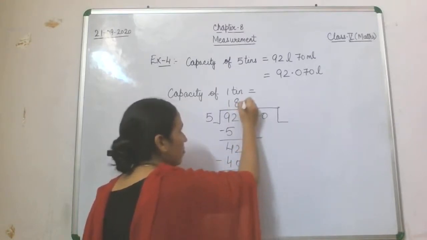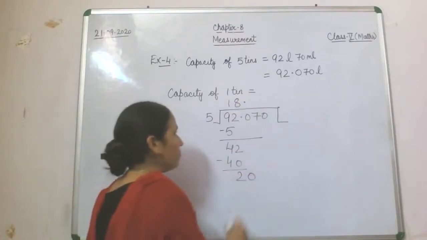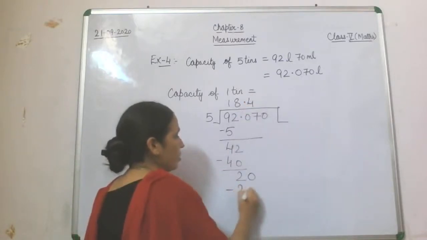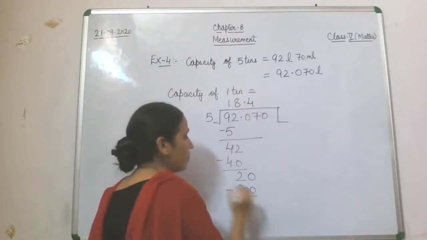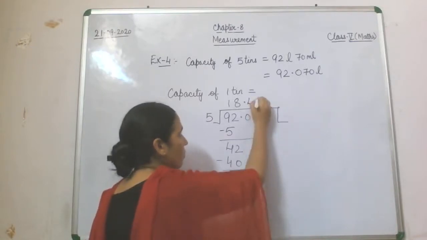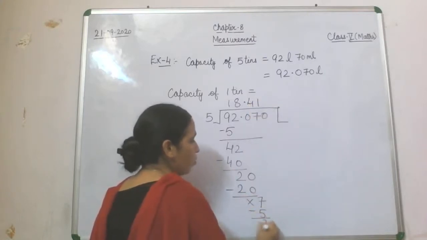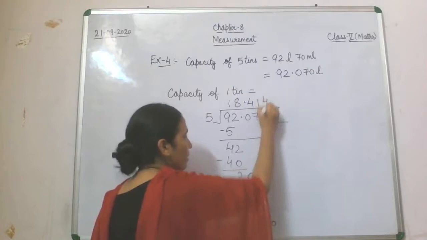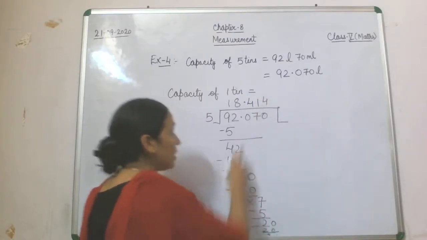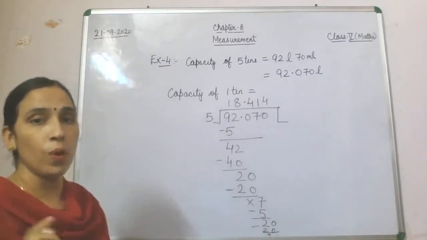Now decimal we have got. We'll put a point here and 0 will get down. Now 5 fours are 20. Nothing will be remaining here. Now 7 will get down. 5 ones are 5 and 2 and then 0, then 5 fours are 20. Now this will become the capacity of 1 tin.